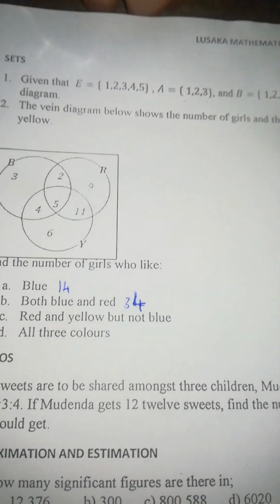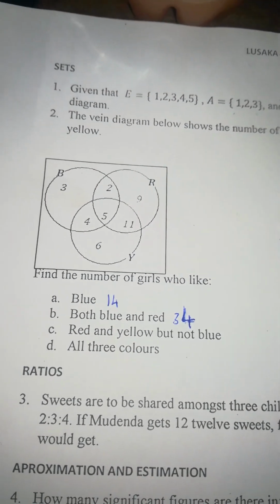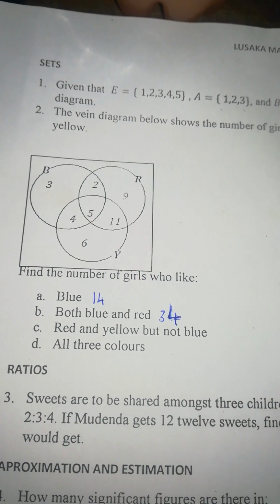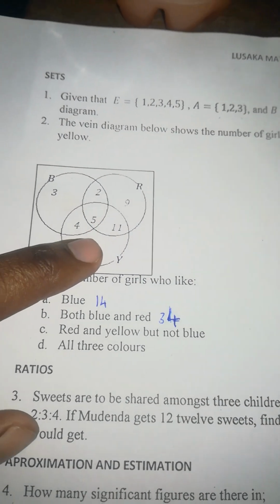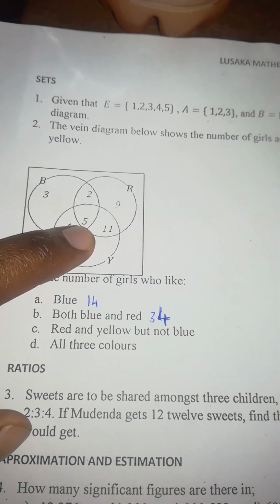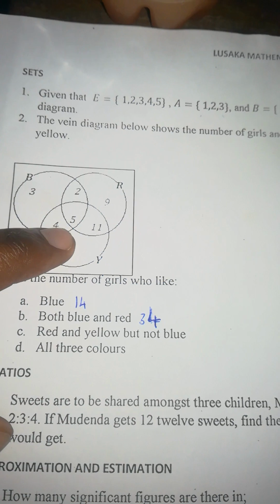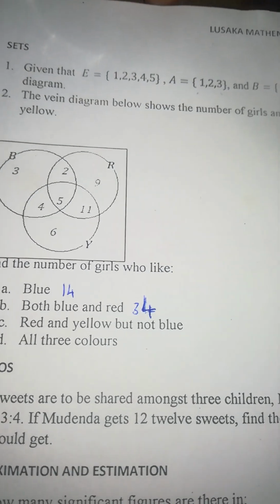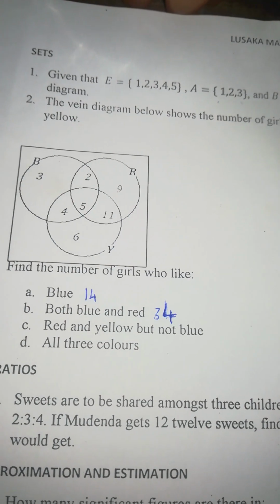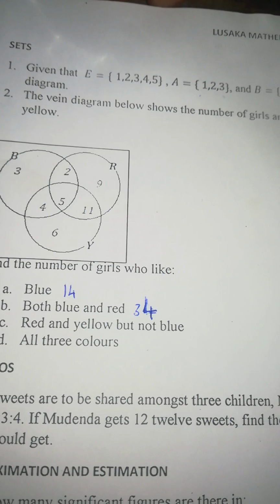But not blue, meaning they don't like blue, or we don't include blue. So after finding this intersection, we'll subtract those who like blue, which is the 5 here. So what we're remaining with is 11. So red and yellow, but not blue, it's 11.